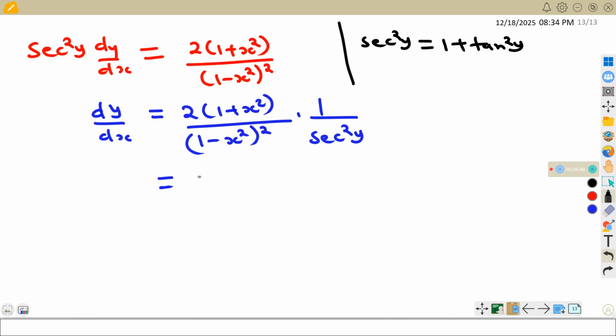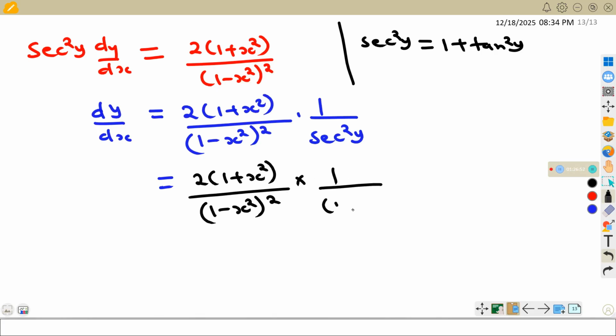So it means here we shall have 2 into 1 plus x squared divided by 1 minus x squared again squared, then times 1 upon sec squared, which is 1 plus tan squared of y. That is what we shall have.